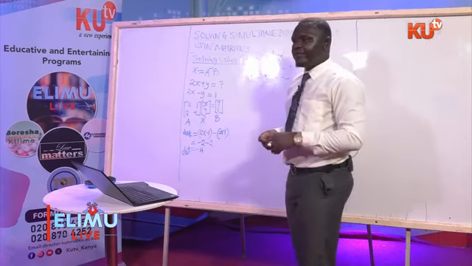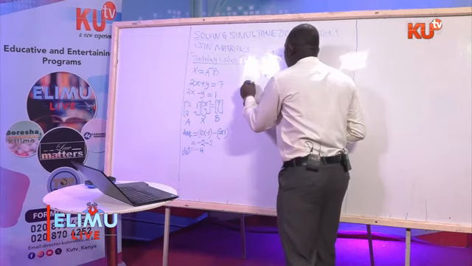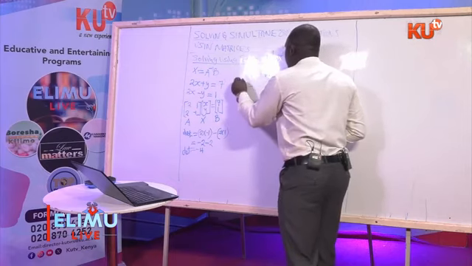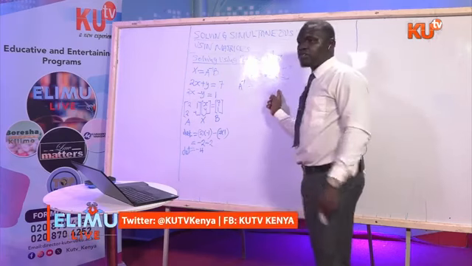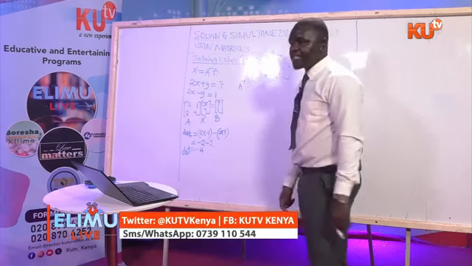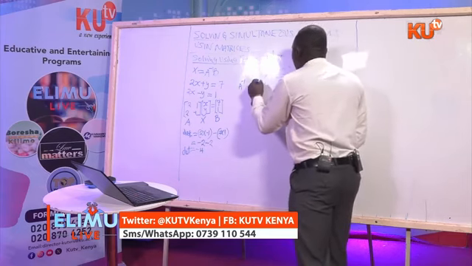In fact, you can leave it at that point, it's still correct, or you can work it further, because when you have negative 1 over 4, you multiply it by this, it means negative 1 over 4 is going to multiply every element inside the matrix. So negative 1 over 4 times negative 1 will become 1 over 4.